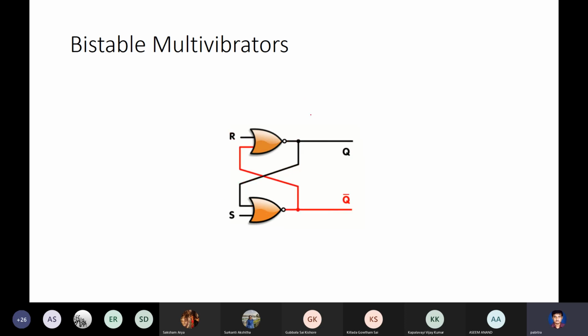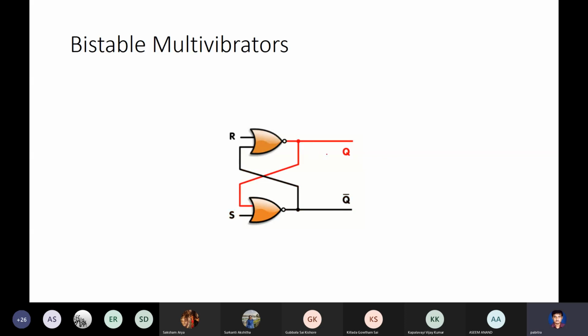If Q is at 1, then the output of this NOR gate is 0. And since the other input R is already 0, the output is 1. So if Q is 1 and R is 0, S is 0, Q will stay at 1. There is no change in value of Q.